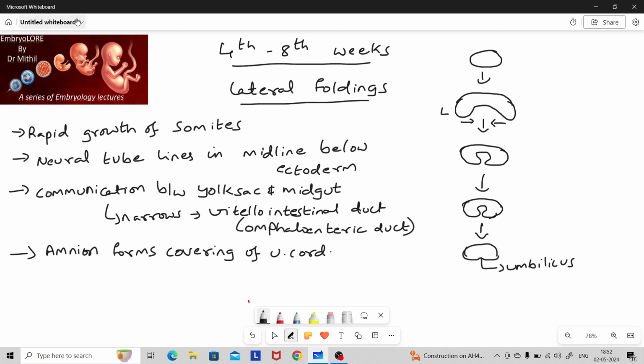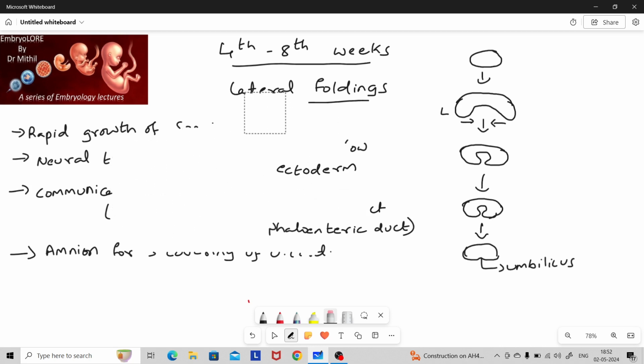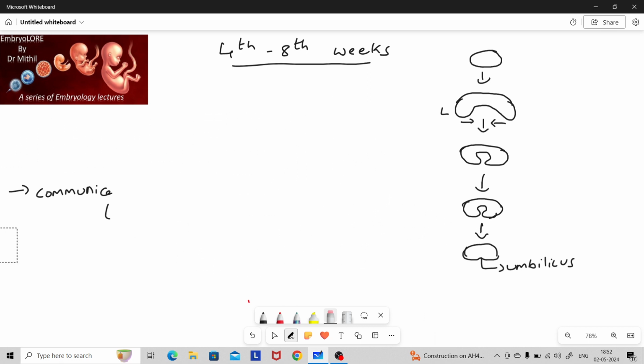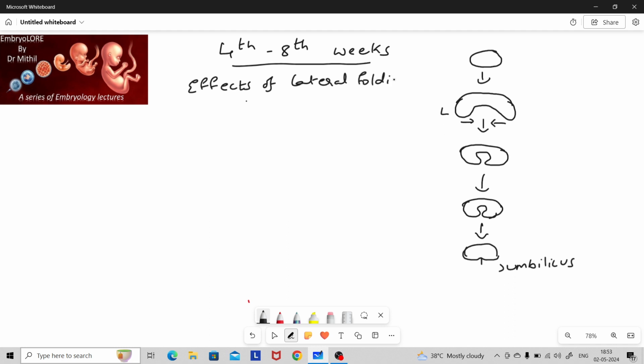So let us make a note, because many a time it is an important 3 marks question: effects of lateral foldings of the embryo.